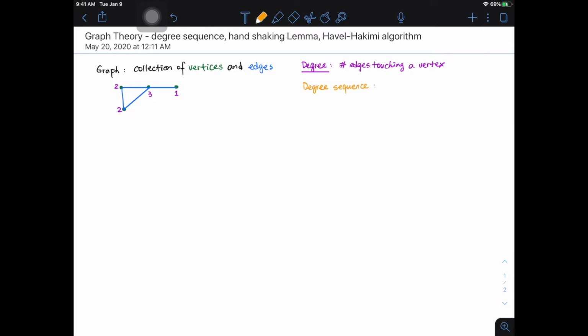A degree sequence is just a list of degrees of all the vertices. In this example, the graph has degree sequence 1, 2, 2, 3, and we take the convention that you list the degrees in non-decreasing order.